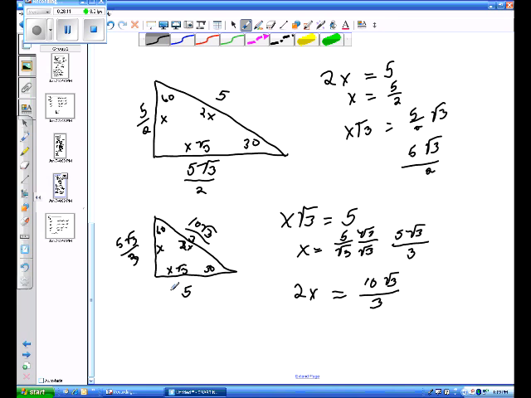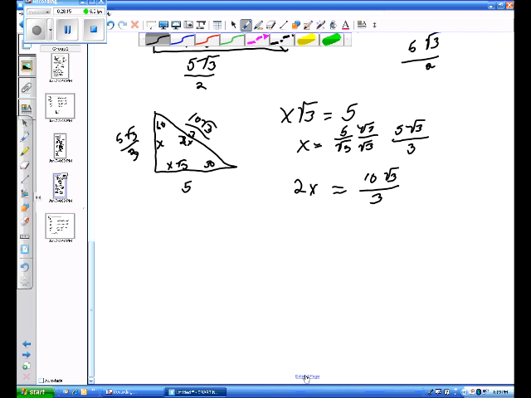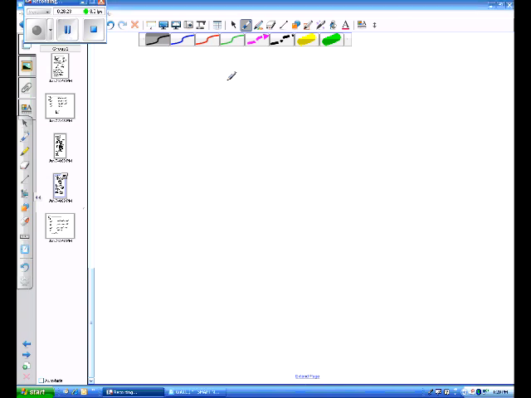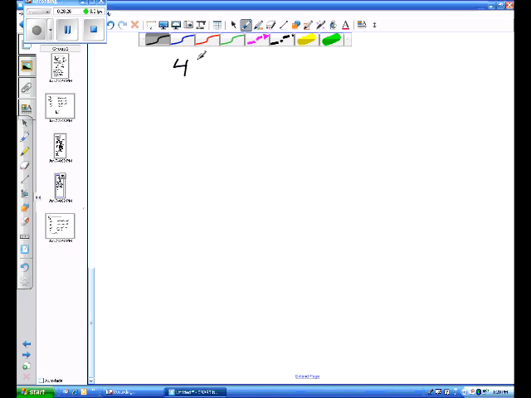Another triangle that we have that's a special triangle is a 45-degree triangle. So we're going to look at a 45, 45, 90-degree triangle. Now to see where this comes from, let's draw a cube.